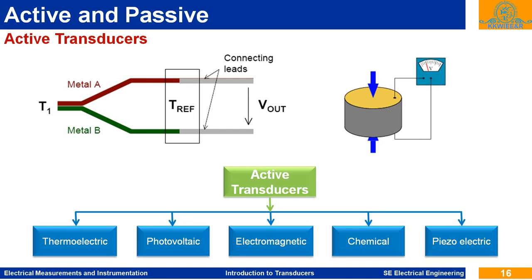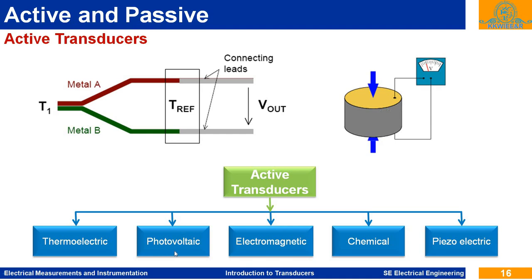Based on the principle, active transducers are classified as thermoelectric, photovoltaic, electromagnetic, chemical, and piezoelectric. Chemical, the example is a dry cell.